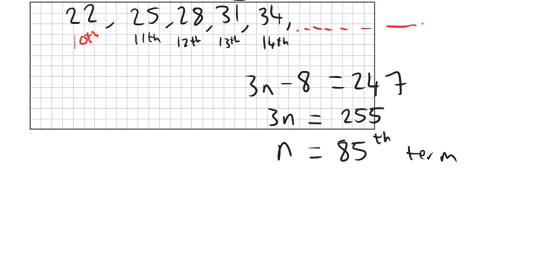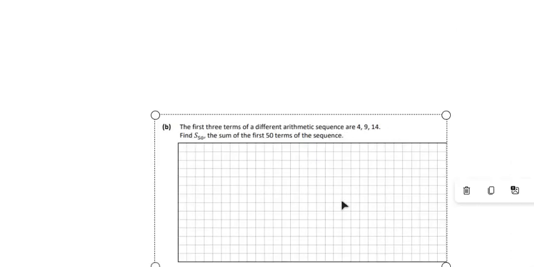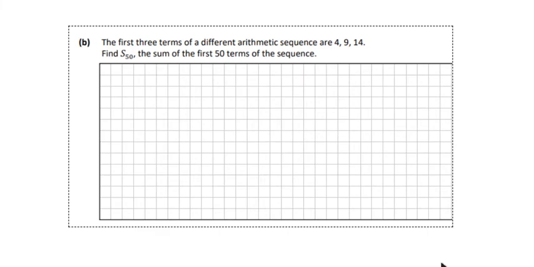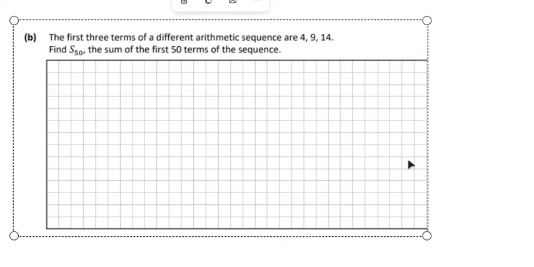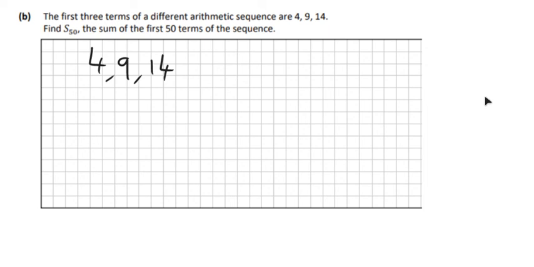Right, last part then. The first three terms of a different arithmetic sequence are 4, 9, 14. There's a formula for the sum of n terms, S_n, which is in the log tables, I'm pretty sure.